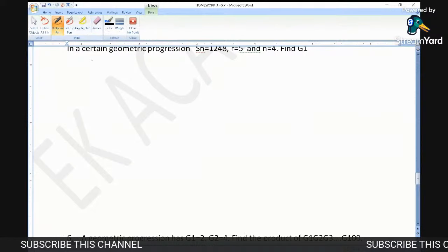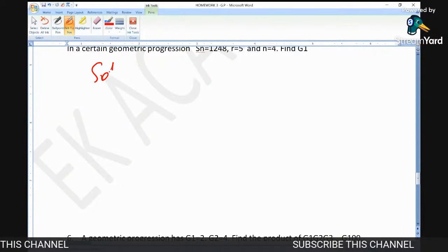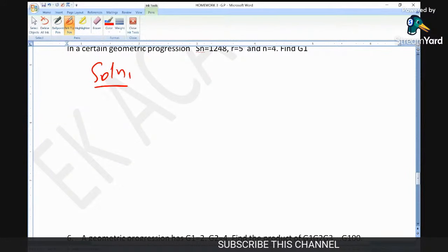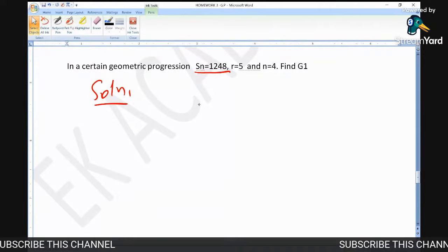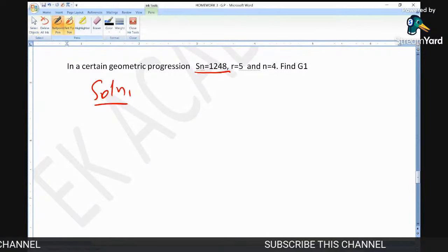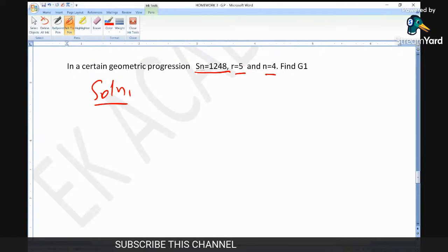So in a certain progression, let us say solution, we were given Sn is 1248, and we were given common ratio 5 and number of terms 4, so we're supposed to find G1.